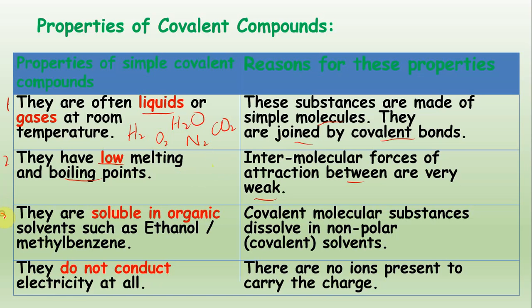Number three is that they are soluble in organic solvents such as ethanol and methyl benzene, but ionic compounds are soluble in inorganic solvents. Like dissolves like: compounds which are organic in nature are dissolved in organic solvents, and inorganic compounds are dissolved in inorganic solvents.